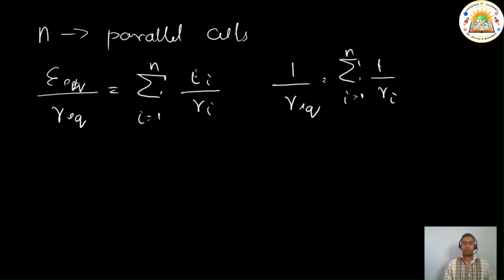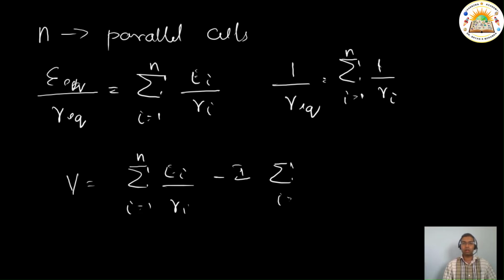So our expression will become V is equal to sigma Ei by Ri, i equals 1 to n, minus I times sigma i equals 1 to n of 1 by Ri. So this is the general form for writing if you have n cells in parallel, that is there.